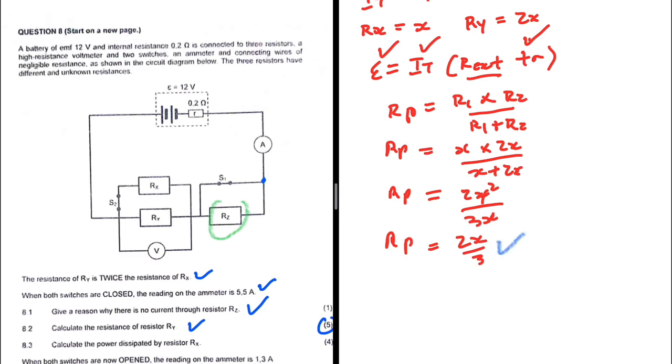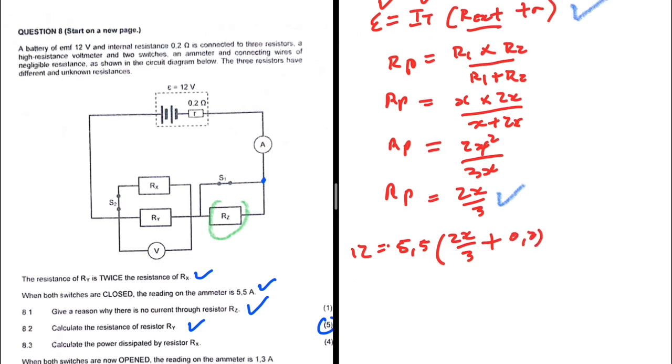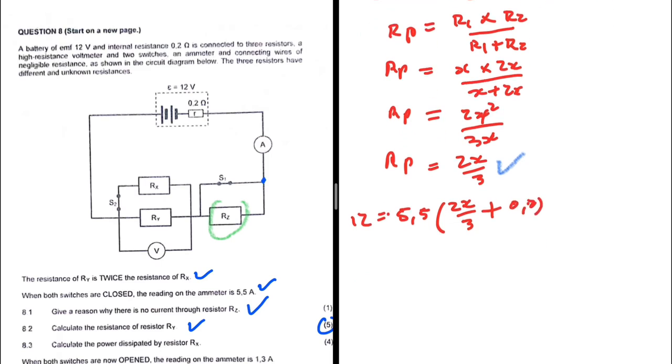So we're substituting now into this equation. EMF is 12 volts. The total current is 5.5. And then the external resistance is 2X over 3, plus the internal resistance, which is 0.2. Okay, let's divide both sides by 5.5. So what is 12 divided by 5.5?